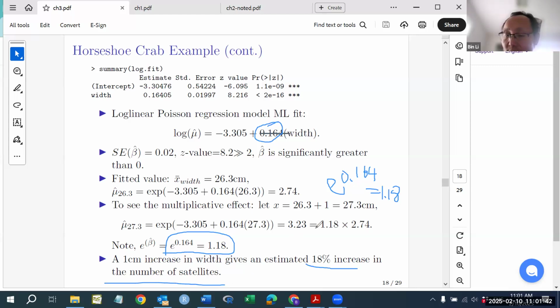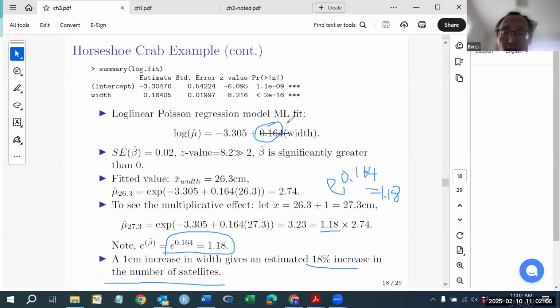Does that make sense? Because now the mu hat for x plus 1 is an 18% increase of the mu at x equals x. So by a 1 unit increase of x, the mu will be increased by 18%.